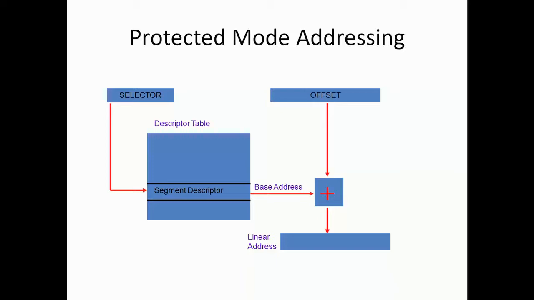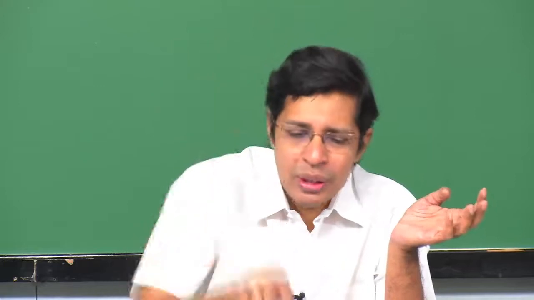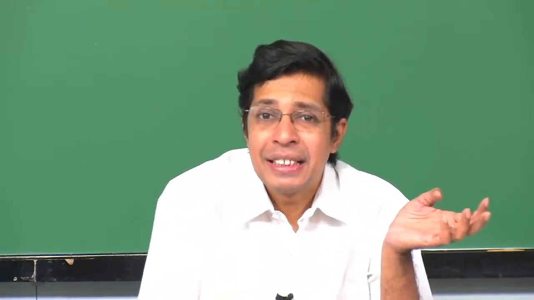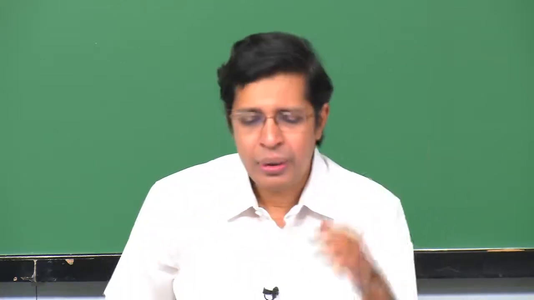And what will be stored in your CS register? It will store 1, it will point to the entry 1 here. In your DS register it will store 4, in the SS register it will store 5. So whenever somebody wants to use the DS register, he will go to the DS segment register, there he will find 4. So he will come to the 4th entry in the descriptor table, there he will find the base, the limit and also the privilege level. You understand this? So slowly we are building up what should be inside the descriptor table.